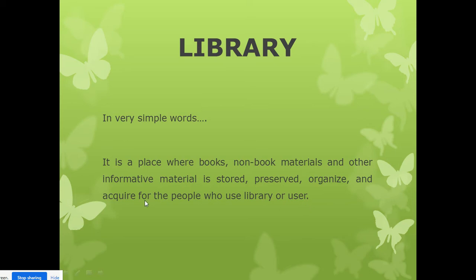We do all this for our users. So, in simple words, that is what a library is. Now we are going to our main topic: what are the types of libraries.